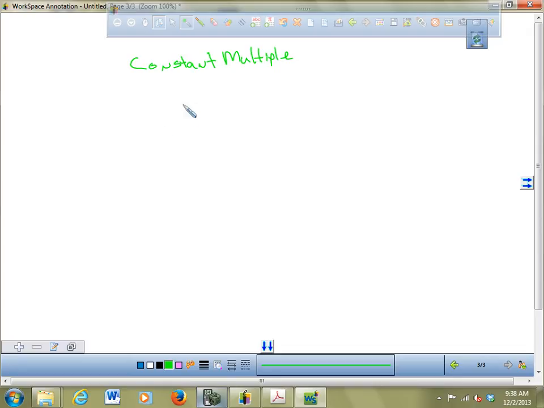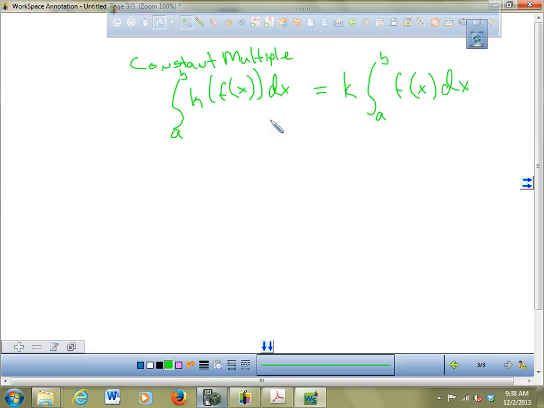Okay. Constant multiple: the integral from a to b of k times f of x dx is equal to k times the integral from a to b of f of x dx. That's a k, not an h.